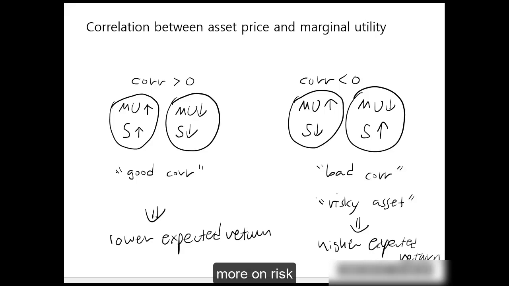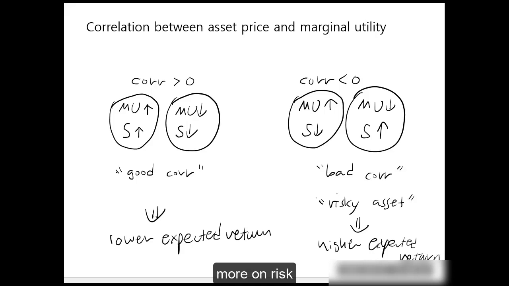Low expected return means that the price of this asset will be high. So it's the same thing, low expected return or high price. So in the end, what we will say is that if there is such positive correlation, the current price of this asset will be higher and the expected return will be lower.